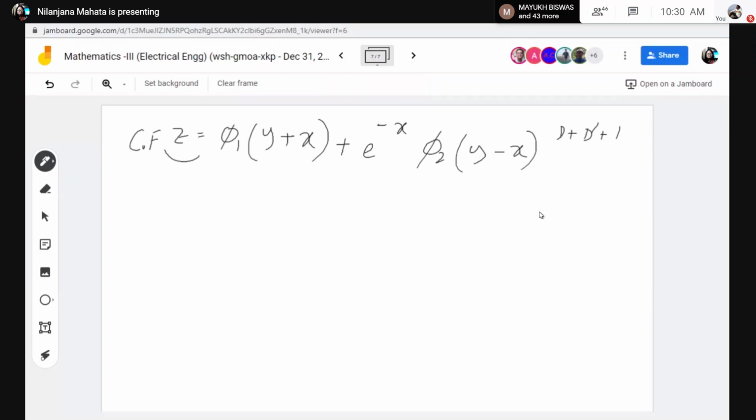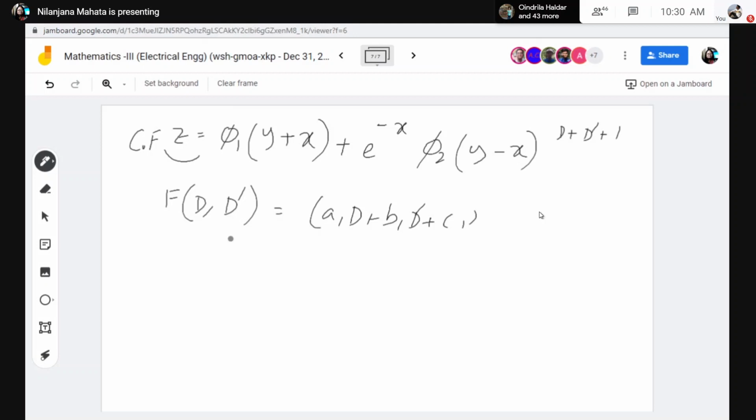Sometimes the factor, suppose my F(D, D') is not reducible into linear factors. Suppose I cannot decompose it into these factors. If it happens that some parts can be factorized, then we will factorize those and get the solutions like this.